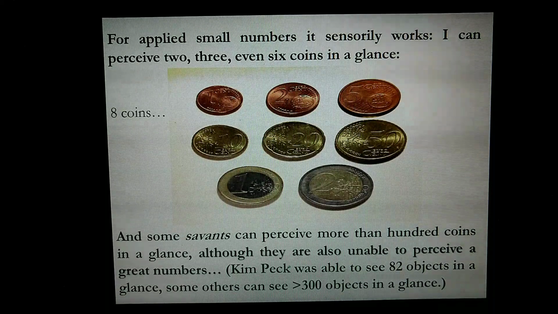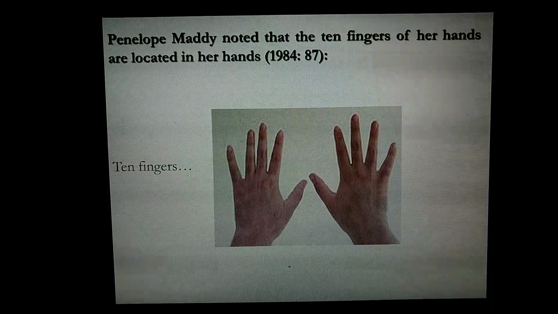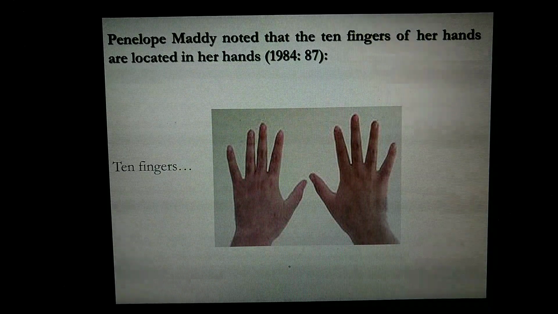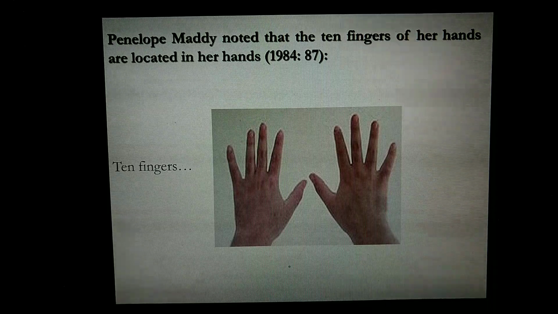Kim Peek was able to see 82 objects at a glance. Some others can see more than 300 objects at a glance, but of course not great numbers. Penelope Maddy noted that the 10 fingers of her hands are located in her hands.